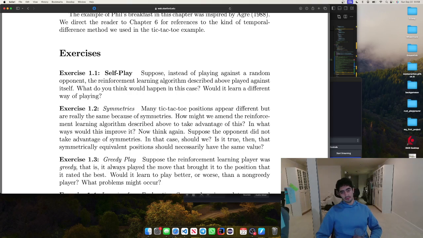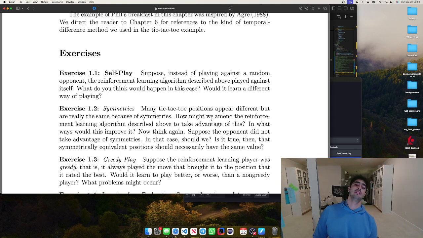Symmetries. Many tic-tac-toe positions appear different but are really the same because of symmetries. How might we amend the reinforcement learning algorithm described above to take advantage of this? In what ways? I agree.